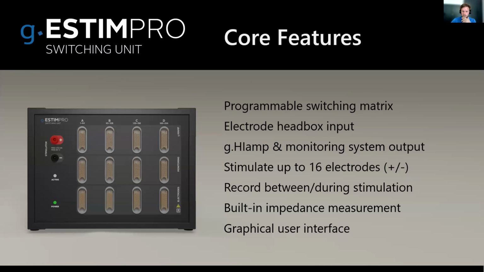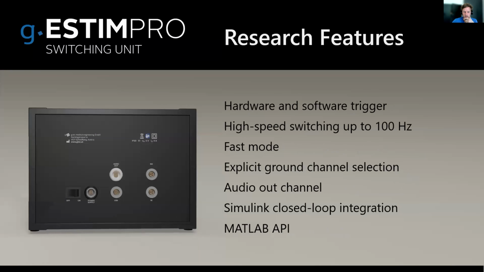So you can just group them, and the same goes for the negative stimulation polarity as well. What is also very nice is the built-in impedance measurement. I will demonstrate just in a couple of minutes, and we also have a graphical user interface to control the switching unit.